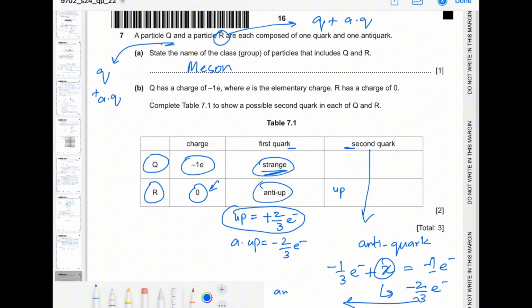That means this can be anti-up or anti-charm or anti-top. I'll go with anti-up quark.